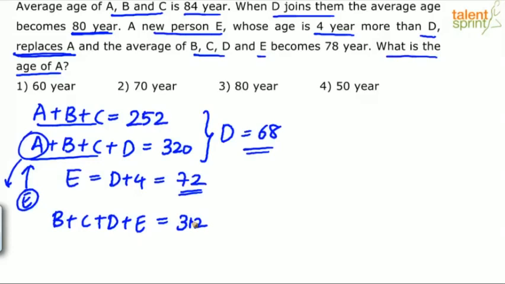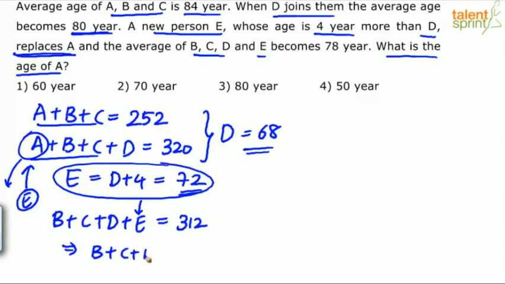Now simple. It's all 4 equations and some unknown values there, right? You can easily simplify this. We know that E is equal to 72 years old. Substitute it here. So B plus C plus D will be how much? B plus C plus D will be equal to 312 minus E, which is 72. So 312 minus 72 comes out to be 240.